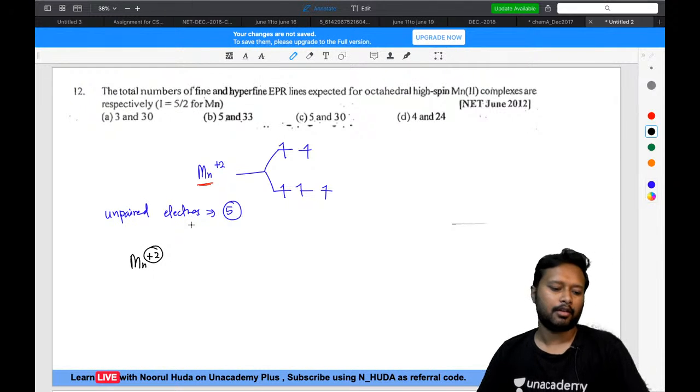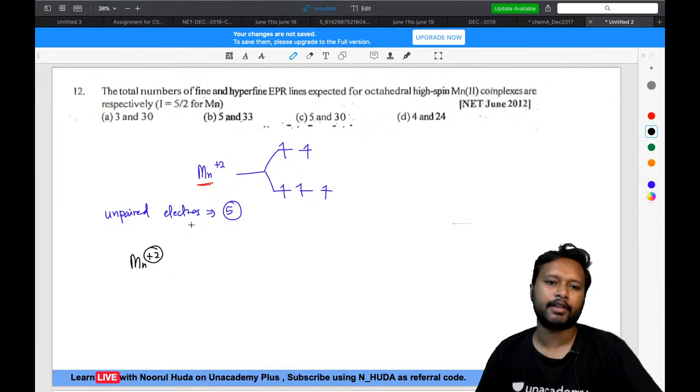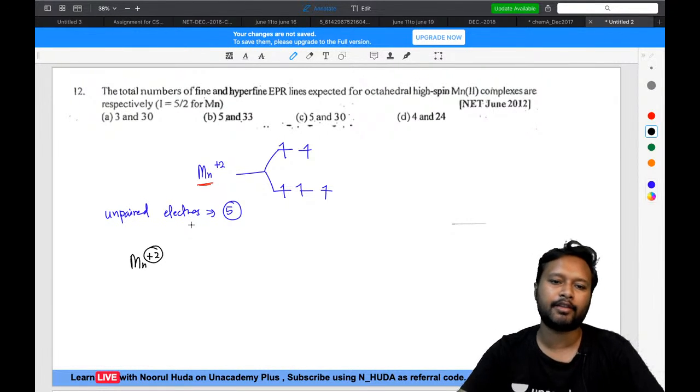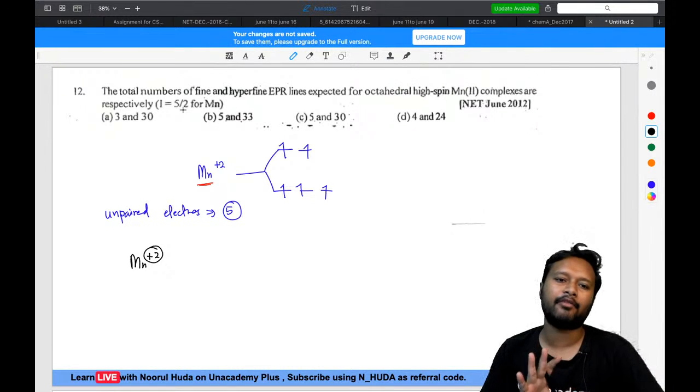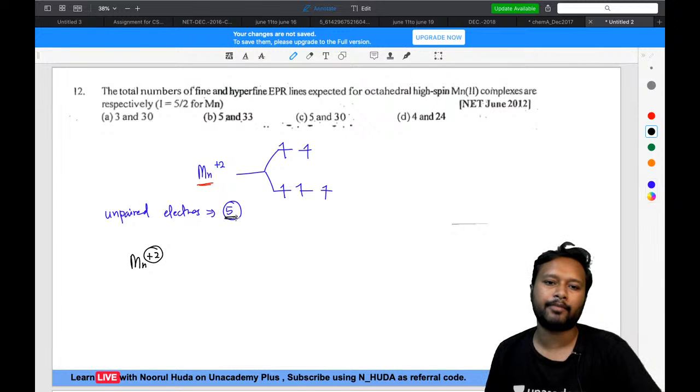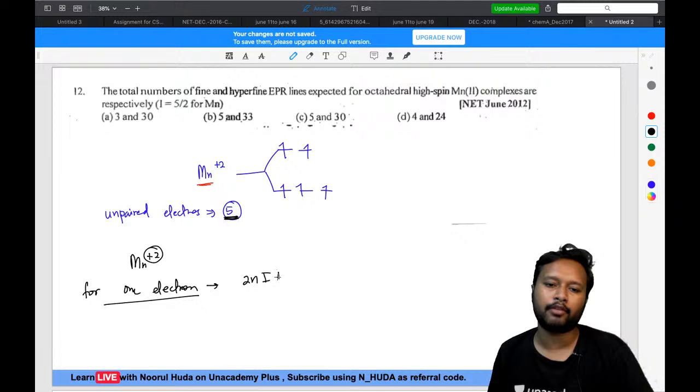Okay, let's go for this. It says the total number of fine and hyperfine lines, that's what we were doing. So we have 5 unpaired electrons. Remember that each electron is going to split into how many lines? First of all, let's calculate that. For one electron, the splitting is according to the formula 2nI plus 1.